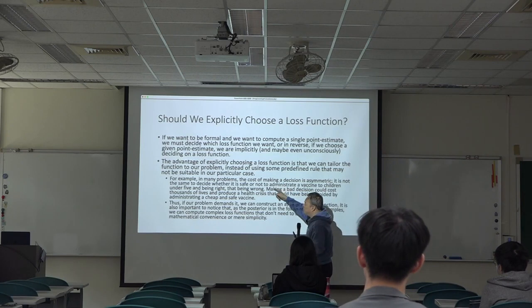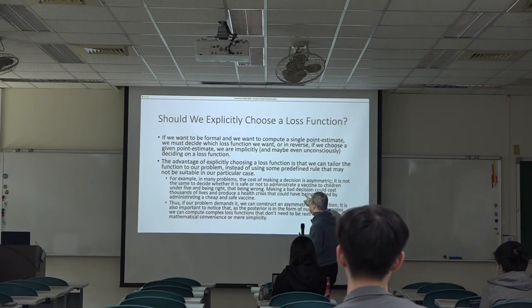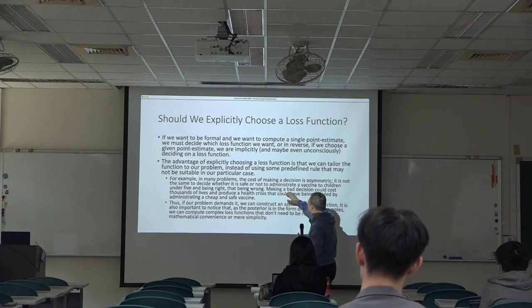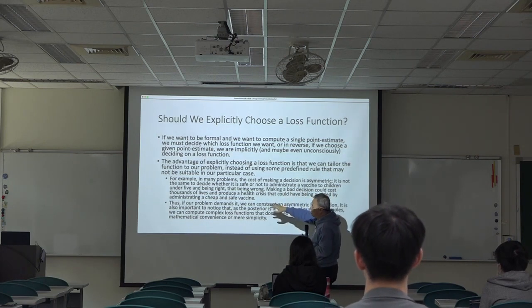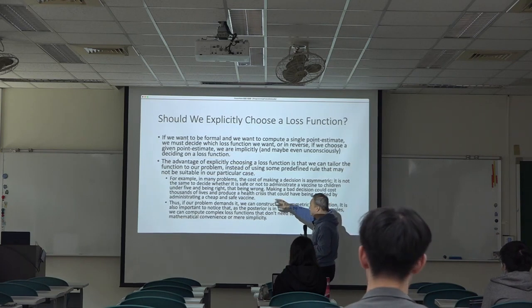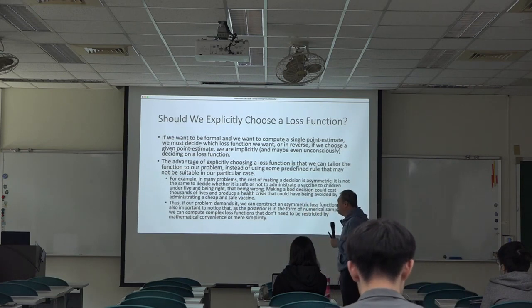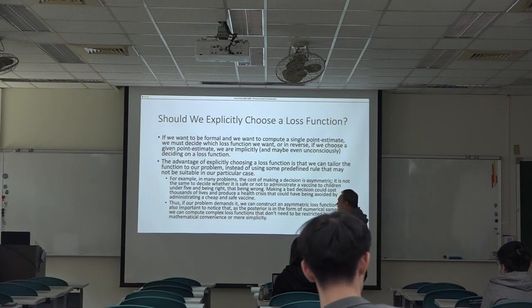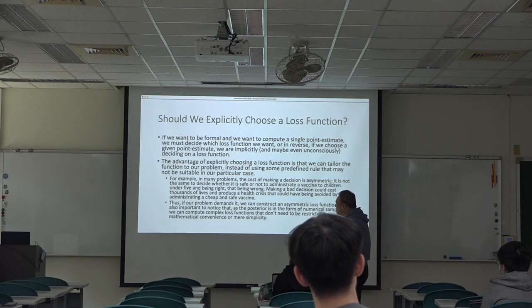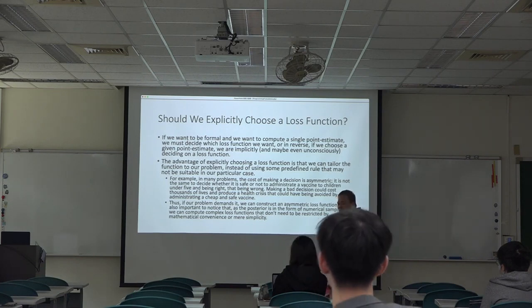But sometimes we will find such a problem is not symmetric, because this is so important that making a bad decision could cost thousands of lives and produce a health crisis. For example, the COVID-19 vaccination situation in Taiwan. Now I think we are okay, but I wouldn't say we are very good in terms of vaccination, because I have quite a few relatives who don't get vaccinated, and I couldn't convince them.